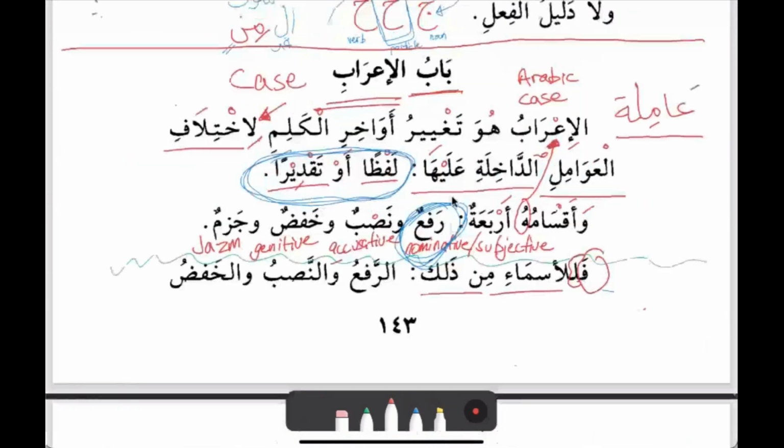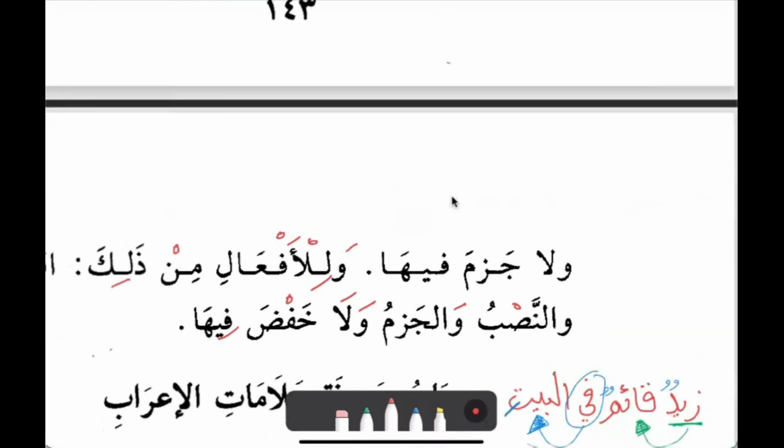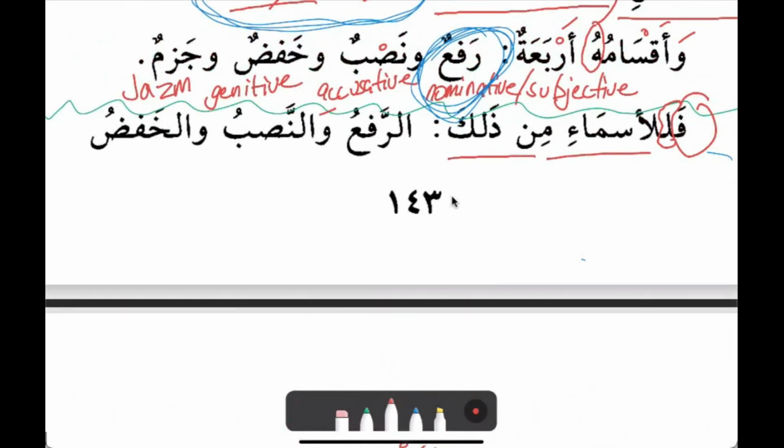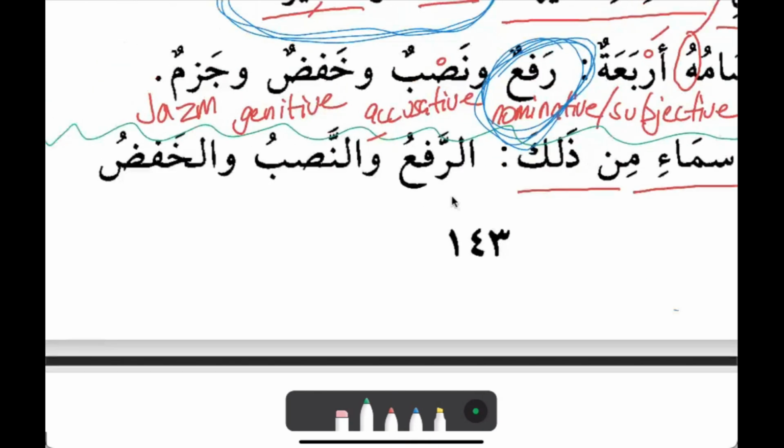Now here, all this time I've been translating these four as you have seen here. It's written here. But I want to say to you that as far as I can tell, the most consistent out of these four between Arabic and English is khafd, genitive case.